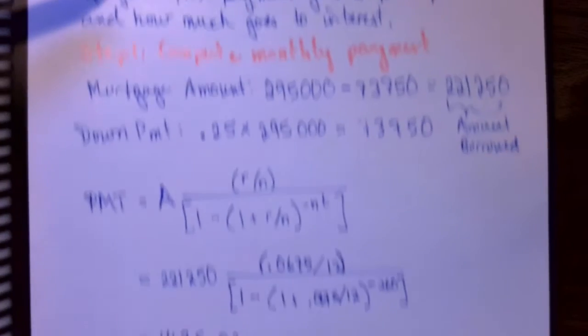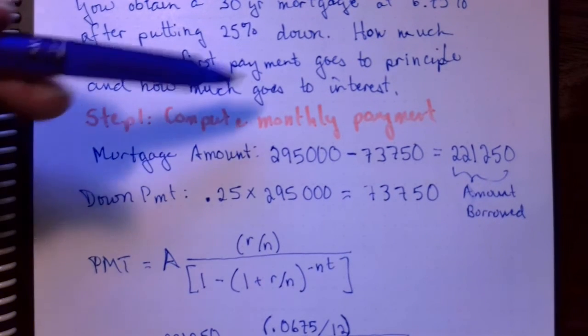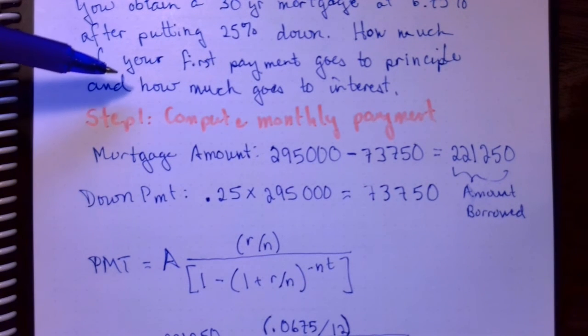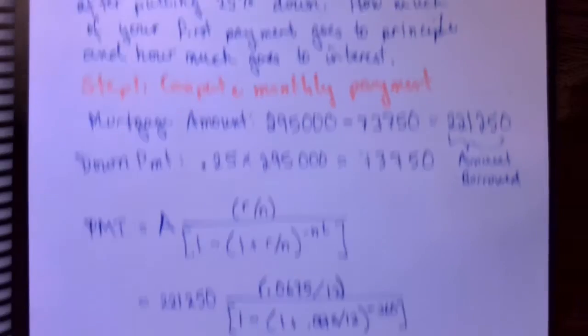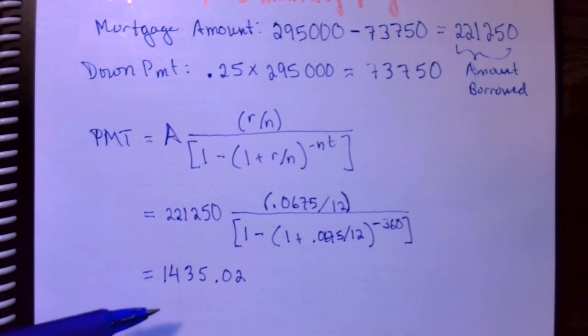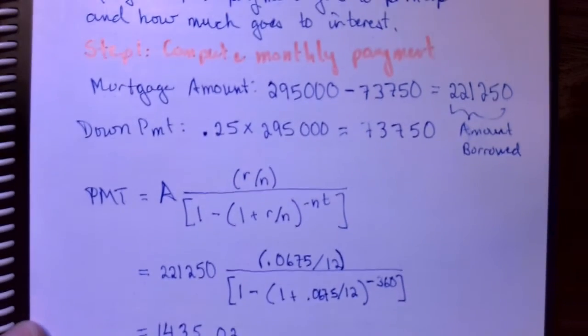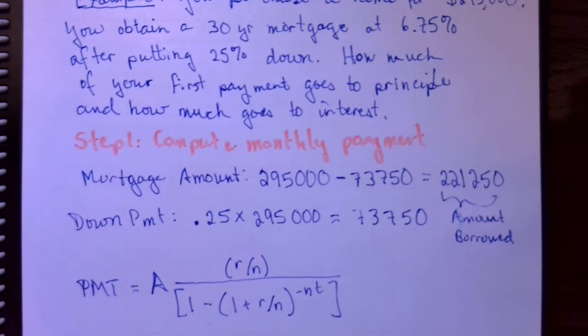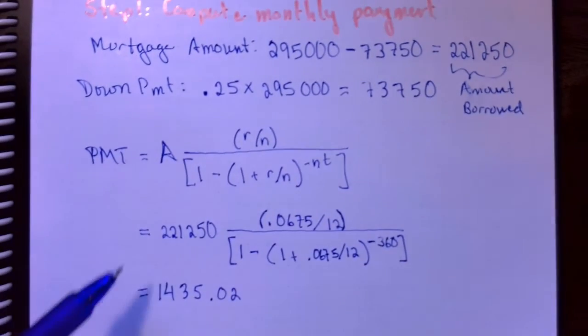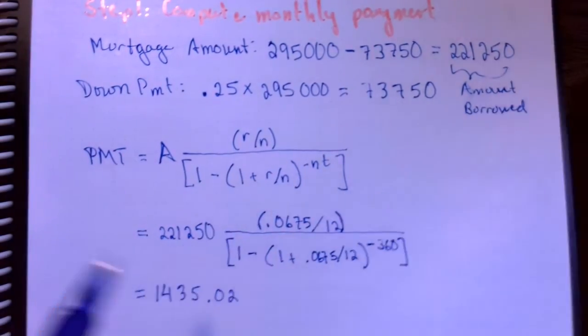So the question we were trying to answer is how much of your first payment goes to principal and how much to interest. So we computed how much your payment actually is. Now let's look at this first month. Okay, now we know we borrowed $221,250, right? We figured that out right here.